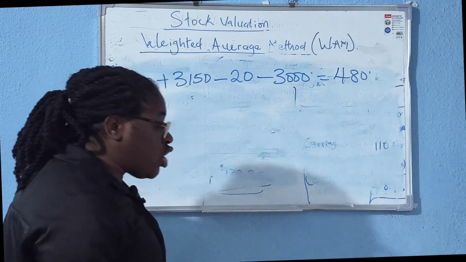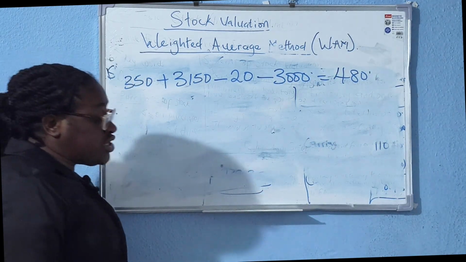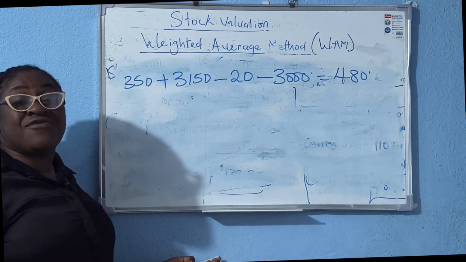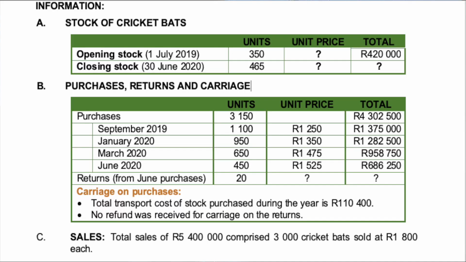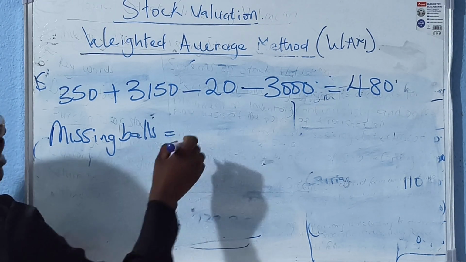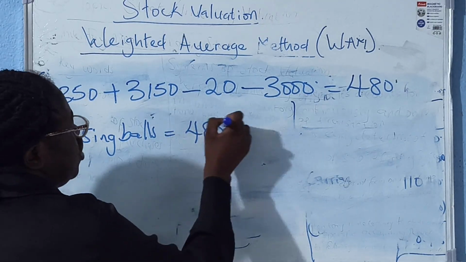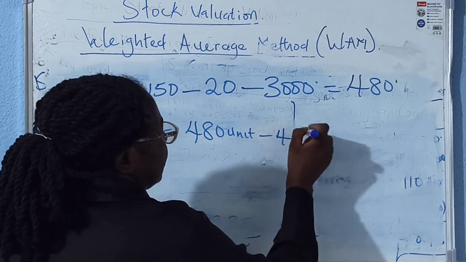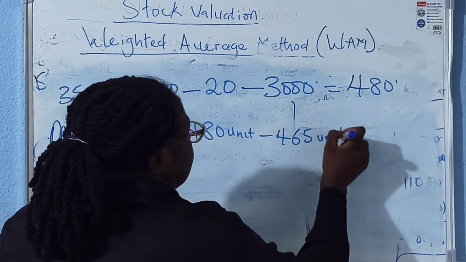But if you check your closing stock, it says we have 465 units left. It means this person's concern is valid. So how do we get our missing balls? Our missing balls will definitely be 480 units minus 465 units.